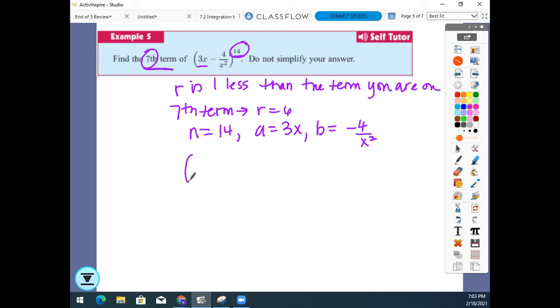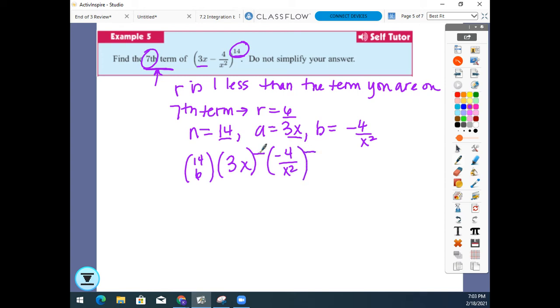So we don't need the expansion, the summation, because that's every single term. I am only looking for this specific term, so I'm only going to use one part. So this is n is 14. Choose r, which is 6. 3x. I'm going to wait on this exponent because I want to show you something. Negative 4 over x squared.